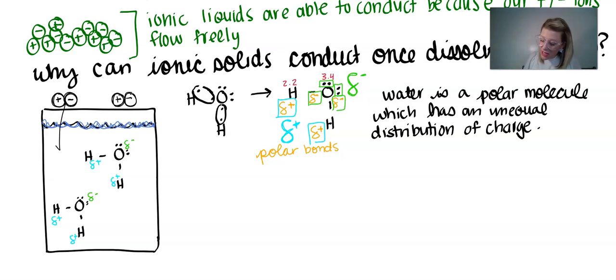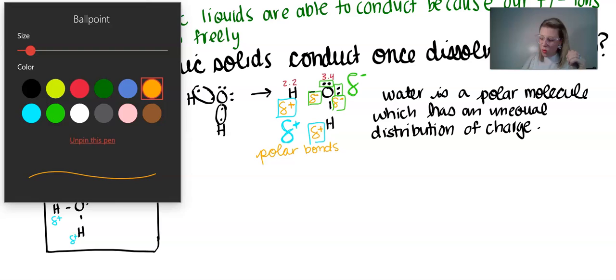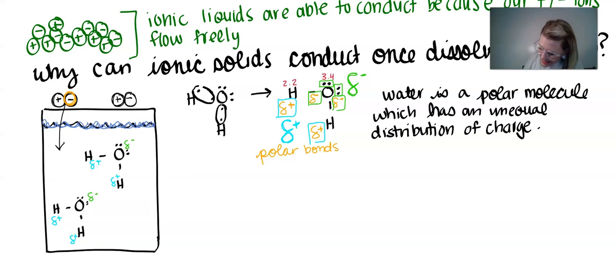But if we dump this positive and negative ion in here, the positive ion says, well, hey, wait a second. Now there are these new negative charges that I can interact with. And so this negative ion now breaks apart. It separates from the positive, and where is it attracted to? Well, it's negatively charged, so it's going to become attracted to these partial positives.